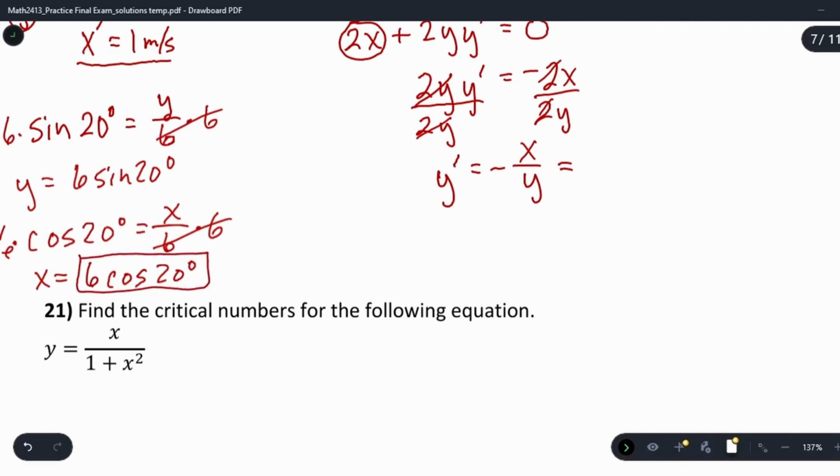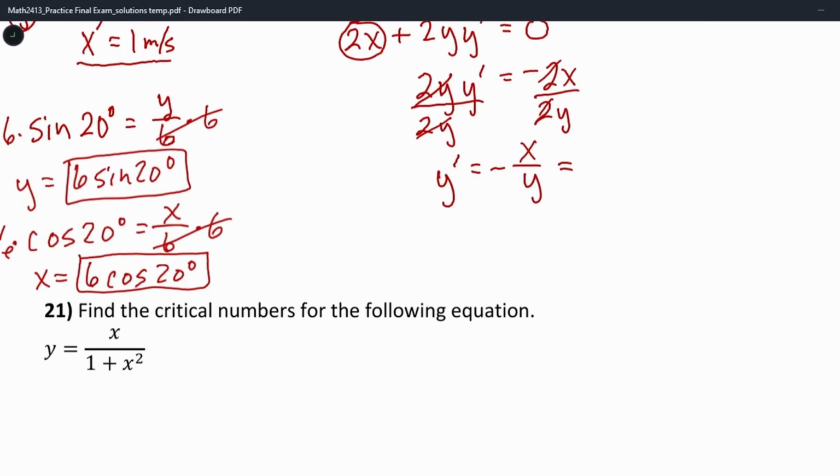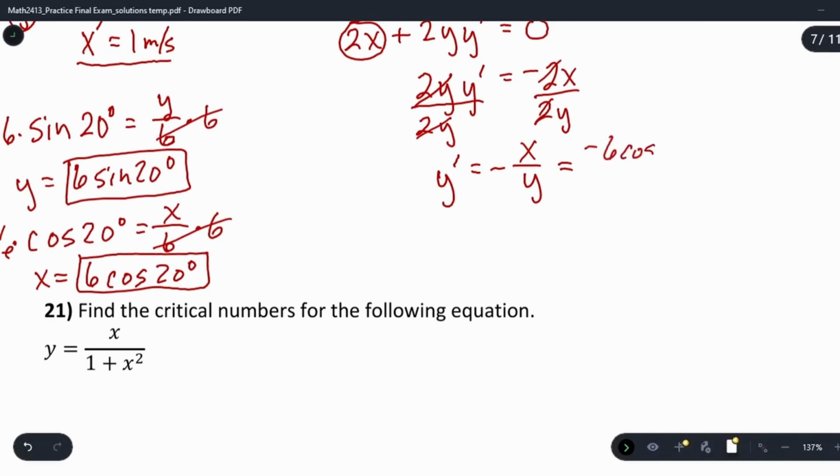And now that I know x and y, I can come over here and plug in. So x is 6 cosine of 20. Y is 6 sine of 20. Our 6's will cancel. We know that cosine over sine is cotangent.